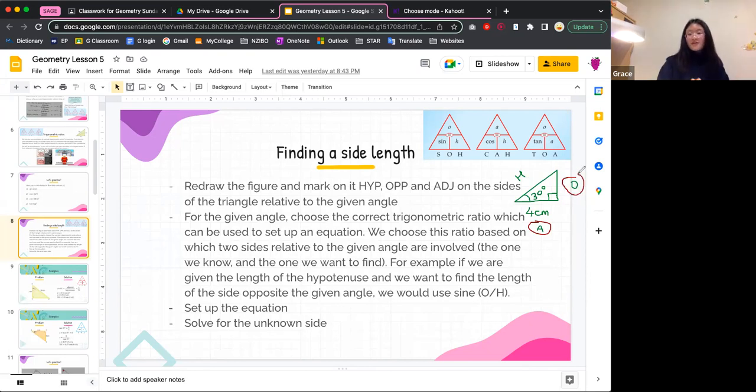So these two sides are involved, right? That means we need tan. So we can use the tan to set up an equation. The tan ratio of this angle, which is 30 degrees, is equal to opposite over adjacent. And the adjacent is 4 centimeters, so we can plug that in. And now we can solve the equation to find the opposite side.